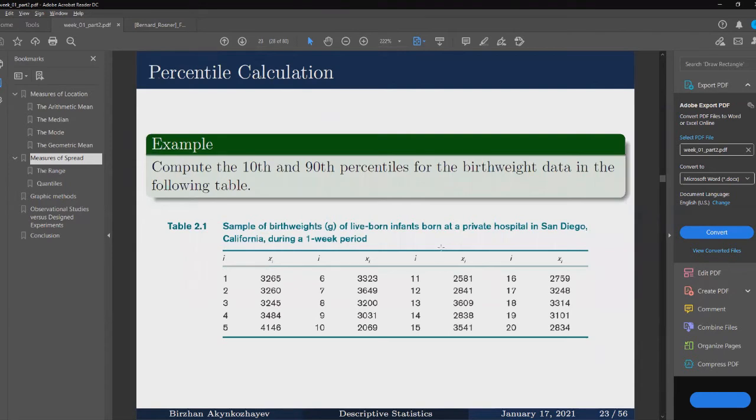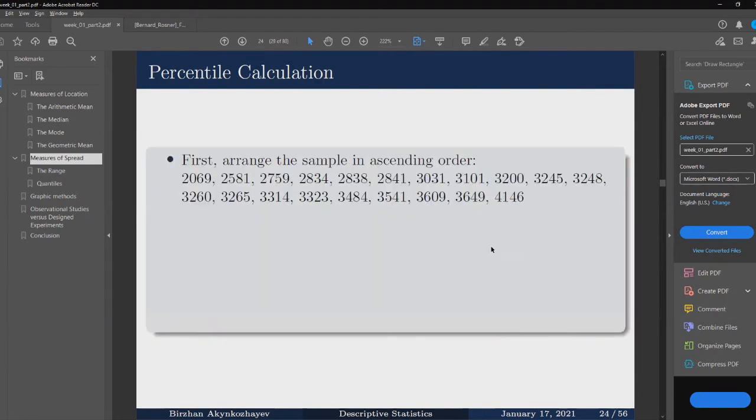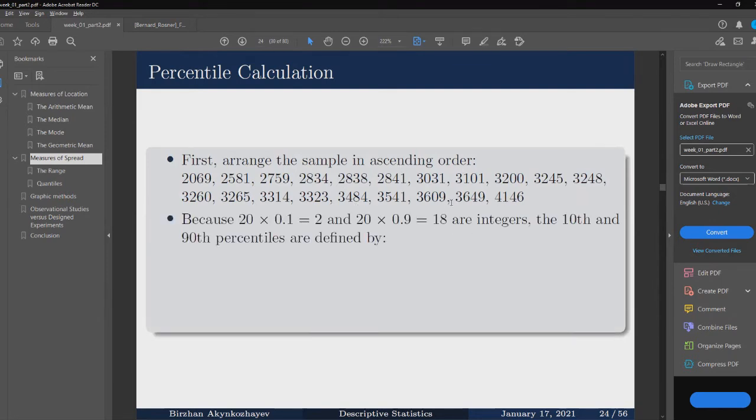Okay, let's take a look at the following example. Let's compute 10th and 19th percentiles for our data set here. We have 20 sampling points, so our first step is to arrange them in ascending order from smallest to largest. Then we should find 10th and 19th percentiles. So 20 multiplied by 0.1 is 2, 20 multiplied by 0.9 is 18.